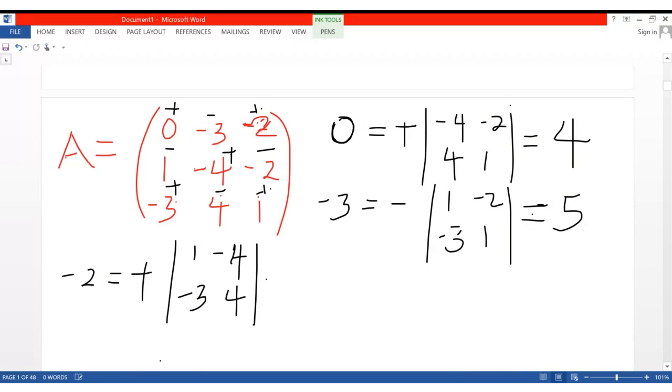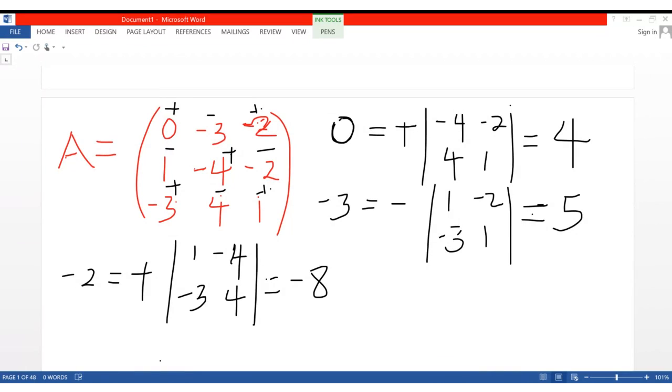When you do this one, you're getting 4 minus 12, the same as negative 8, and the sign is positive, so I'll just get negative 8. Confirm if that is what you are getting. Hope I've not done any mistake.